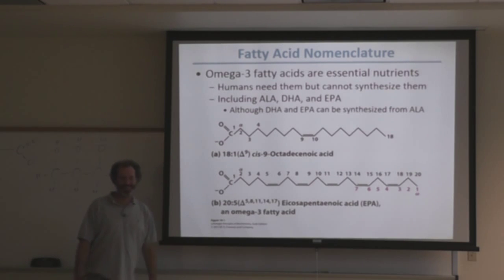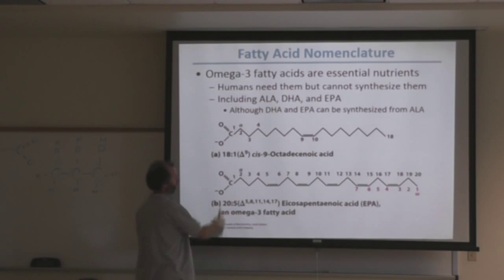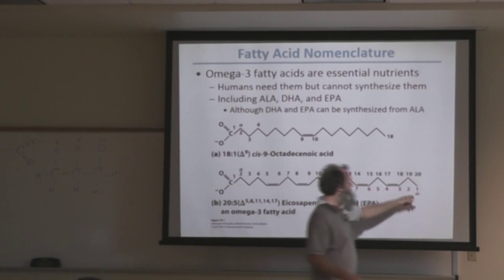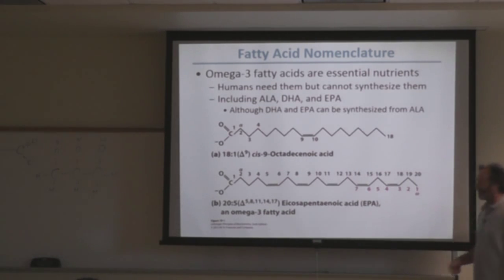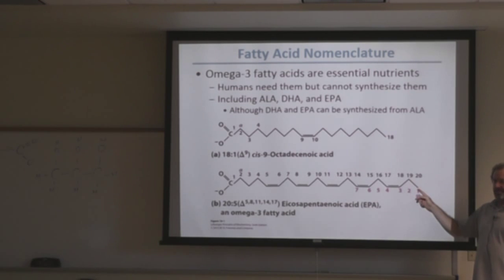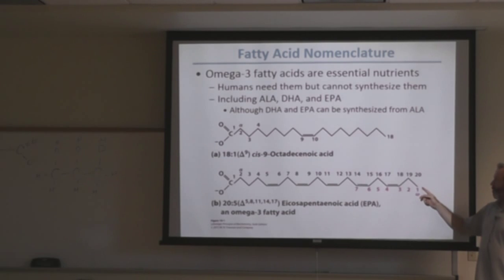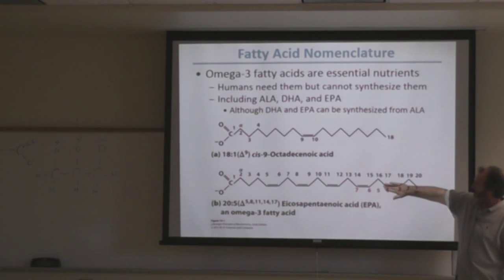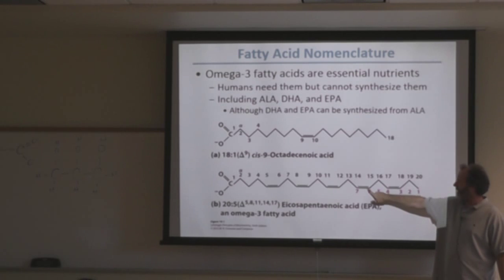Is that right? That's right. How did you say the counting goes from the end? From the opposite end. For the omega-3s or omega-6s, rather than starting at the carboxylic acid, they start at the end for the omega designation. Like you've heard of omega-3, it's 3 carbons up from the last. And then omega-6 fatty acids have it right here.